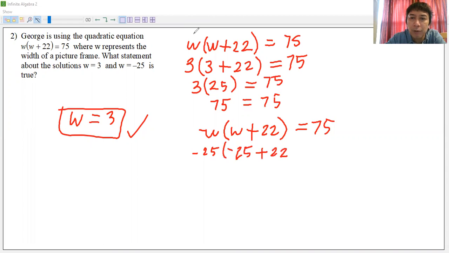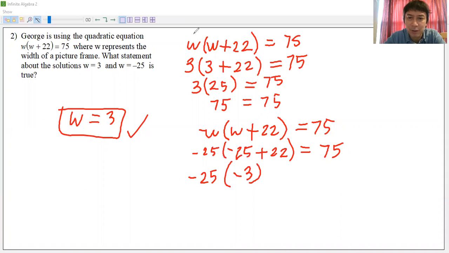And we're going to check if the left side is equal to the right side. So the inside of the grouping symbol, that's negative 25 and 22. So that will result in a difference of negative 3. And this is multiplied by negative 25. Negative times a negative is a positive.